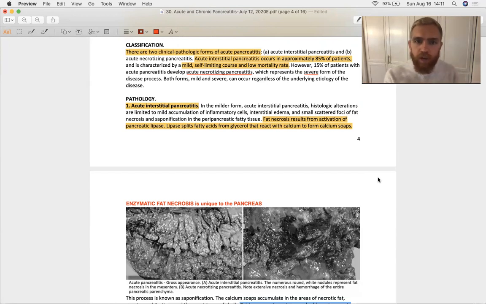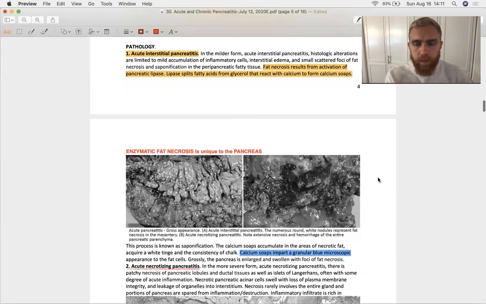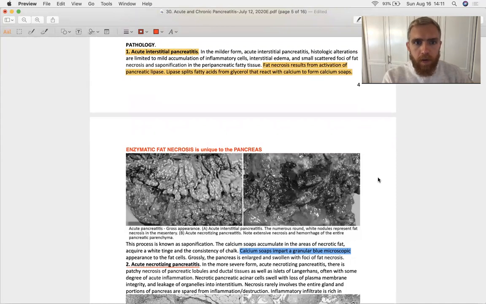So acute interstitial, you see that, you're thinking mild, self-limiting, barely need to treat it. Acute necrotizing, you're thinking work up for infection. Do we need to debride this necrotic tissue?